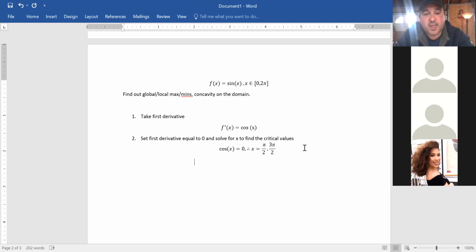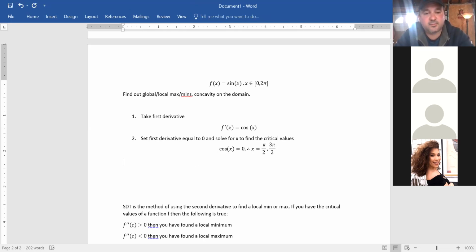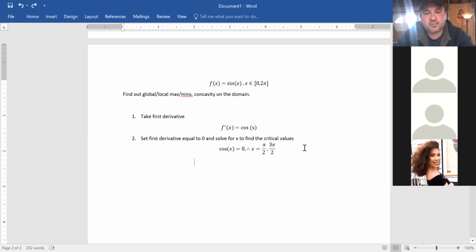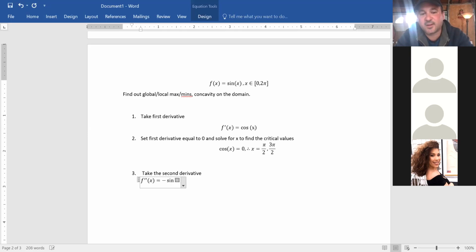So now we're going to take the second derivative. When we do that, we get f double prime of x is equal to, now the derivative of cosine is negative sine of x.